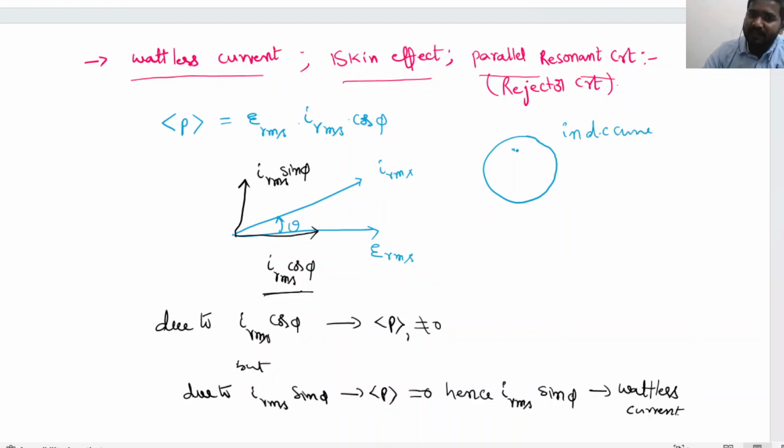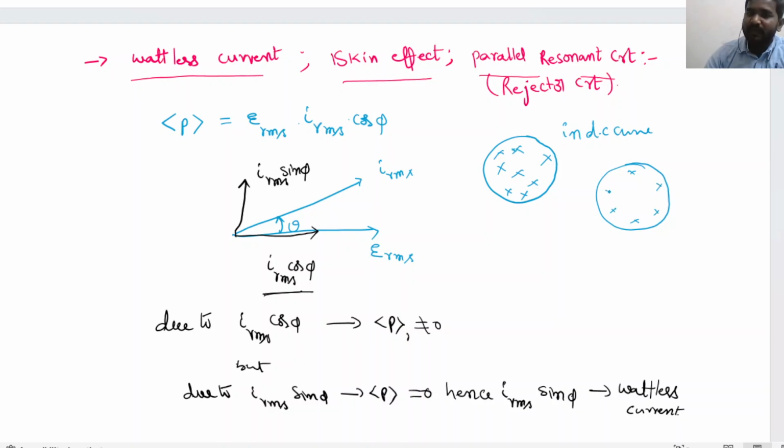DC current definitely passes throughout the cross section because there is no opposing nature by the conductor. But from the alternating current point of view, the current does not travel throughout the cross section. Current will be moving up to a certain depth only.